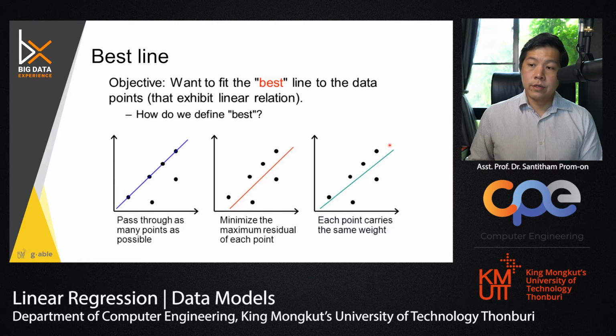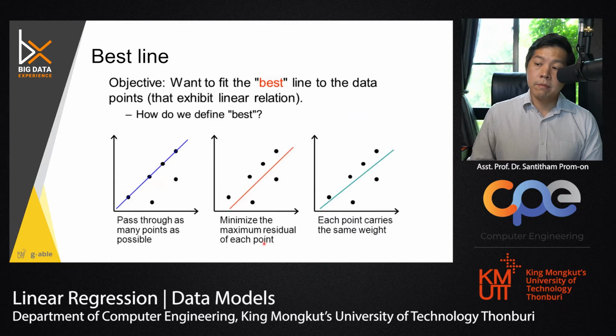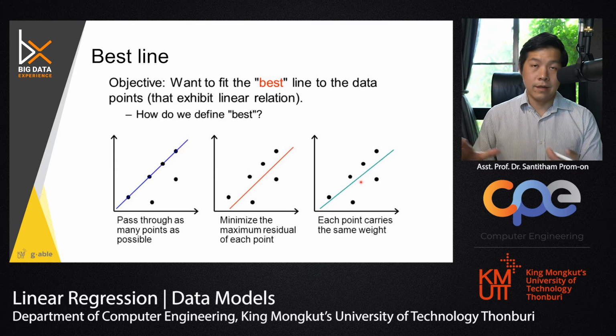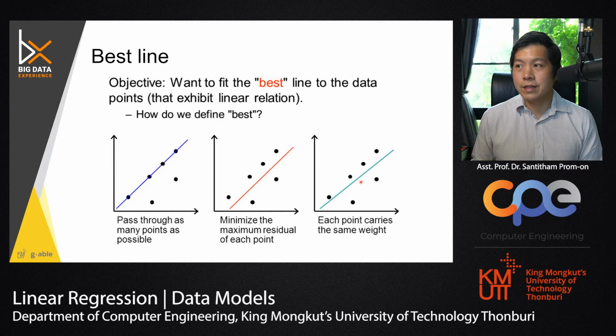Which one is the best one? Should it be the one that passes through as many points as possible? Should it be the one that passes through the middle that has minimum residual? Or should it be the one that distributes the error equally on the positive and negative sides? Which should be the best?